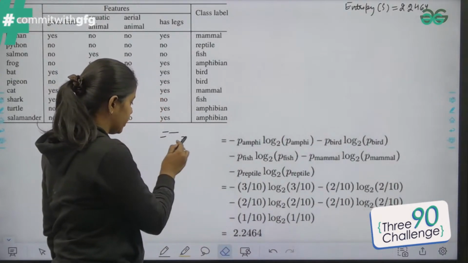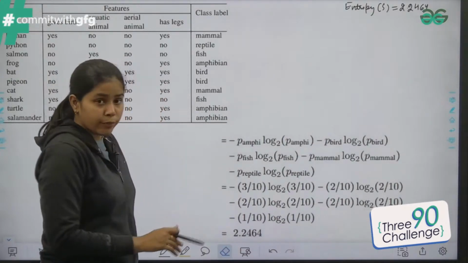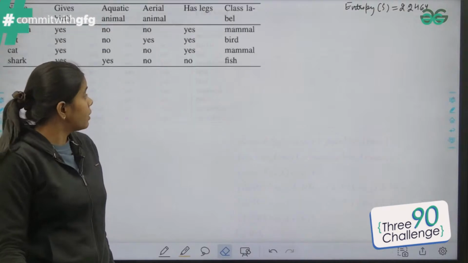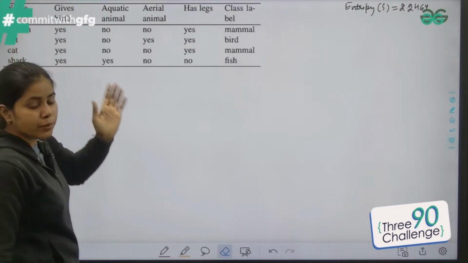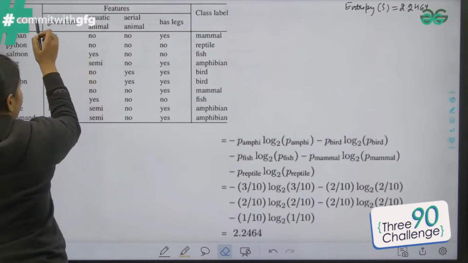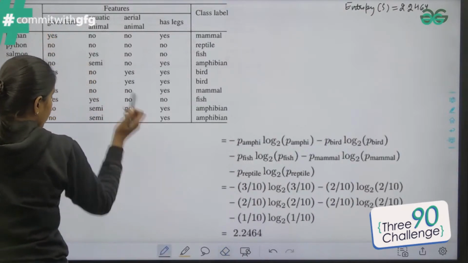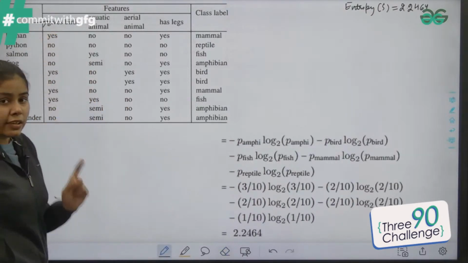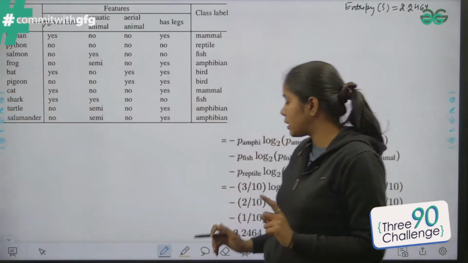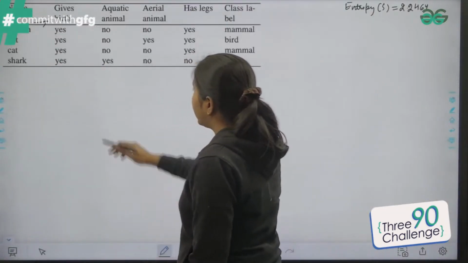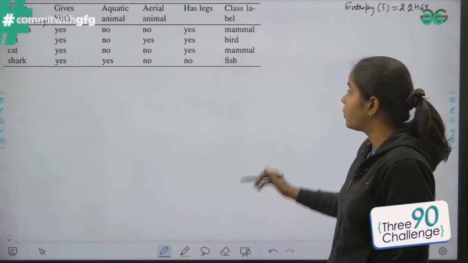Now let's see further. I want to find out impurity at a particular feature. Let's suppose first I'll find out entropy using this gives birth column. This gives birth column gets divided into either yes or no. So let's consider the yes column first. I'll find out entropy here.